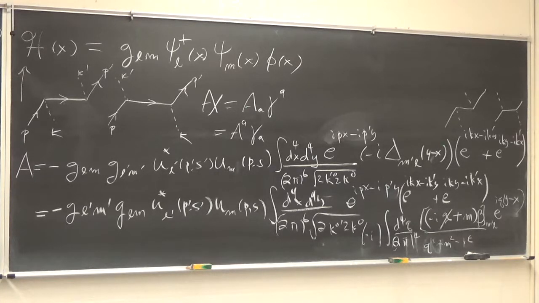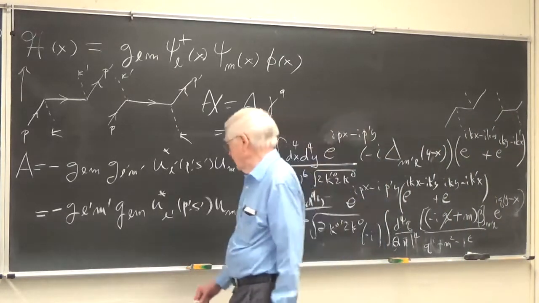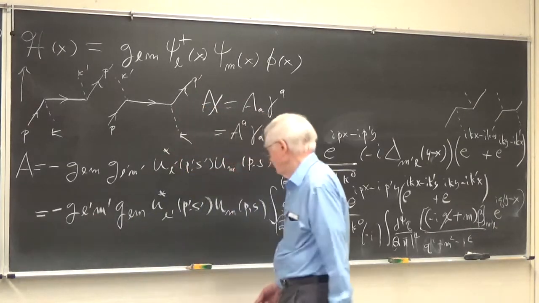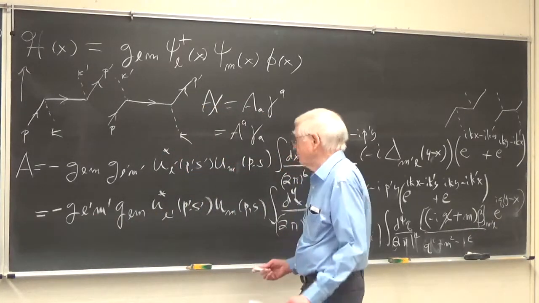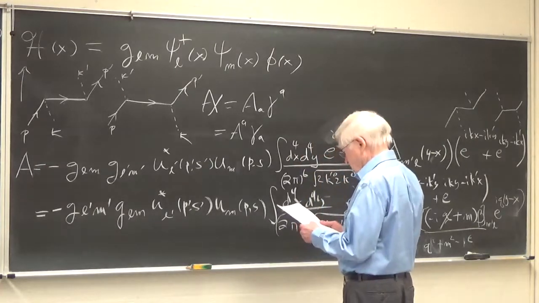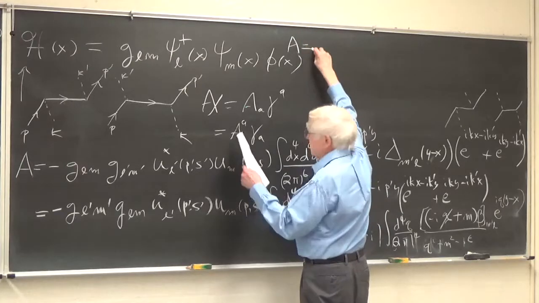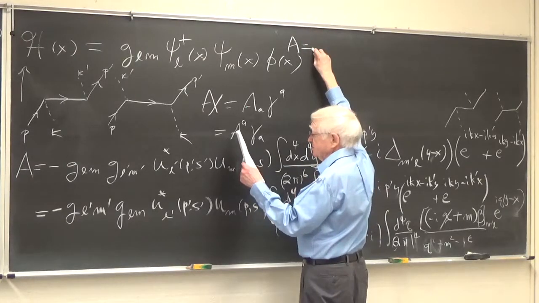This looks nicer in matrix notation. You can imagine the G to be a matrix, and then if you do that, let me see if I can write it here. A then becomes this.